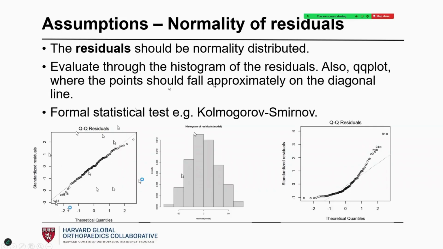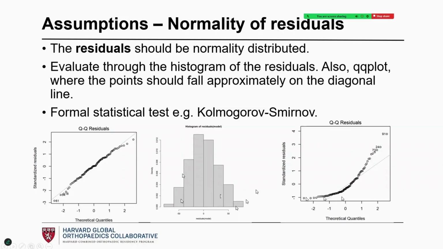In this QQ plot, we see that the residuals follow more or less a straight diagonal line, so there is no indication of a violation of this assumption. In addition, the histogram of the residuals seems to follow more or less a normal bell-shaped distribution.